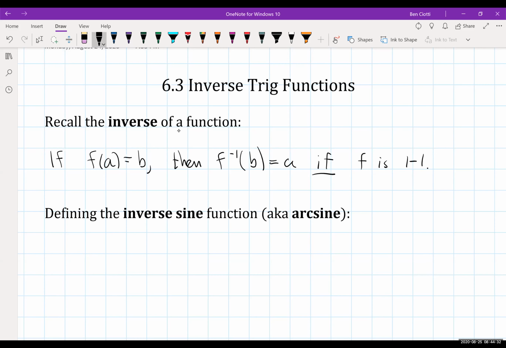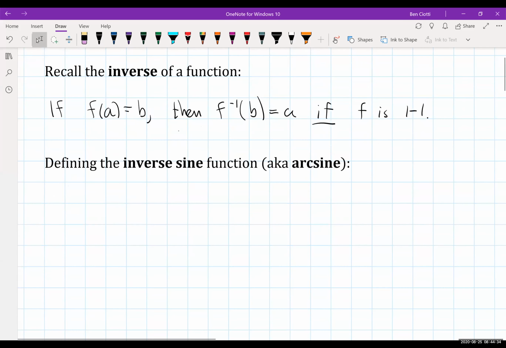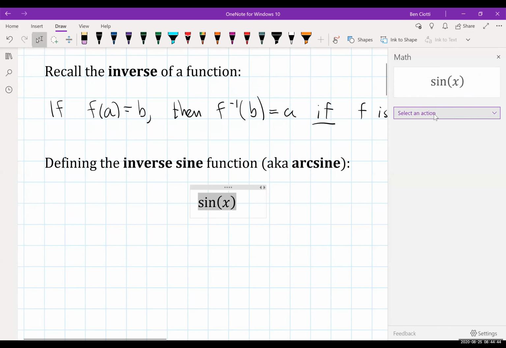Now let's talk about sine. Let's look at the graph of sine, which, thanks to modern technology, I can get a graph of.